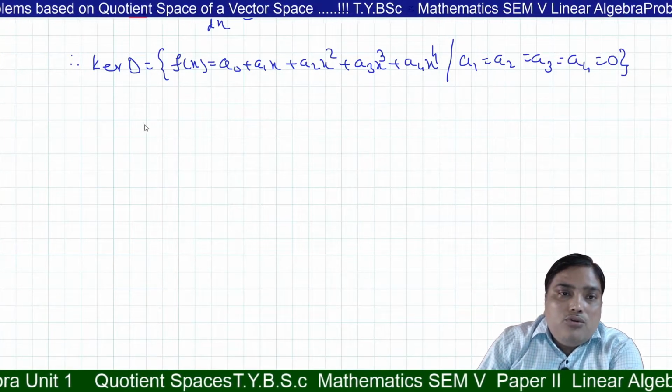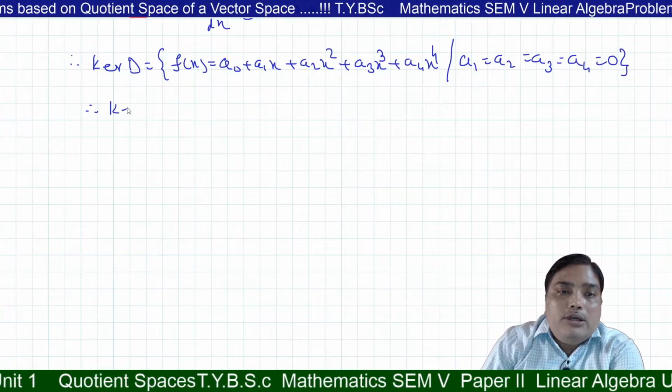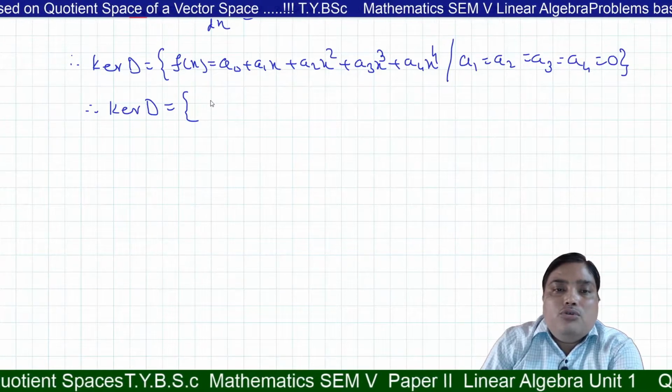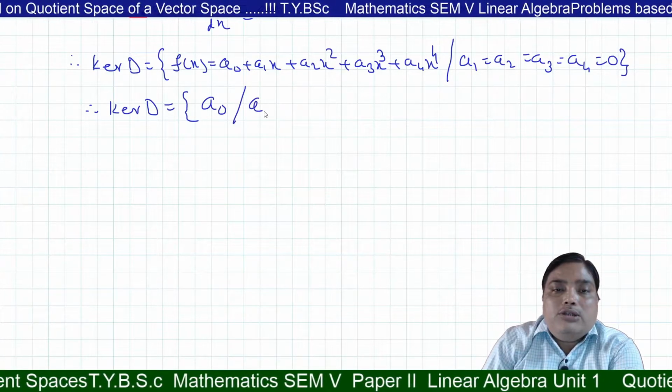Okay, so therefore kernel of D is equal to, now put a1, a2, a3, a4 as 0, so we get a0, where a0 in R.